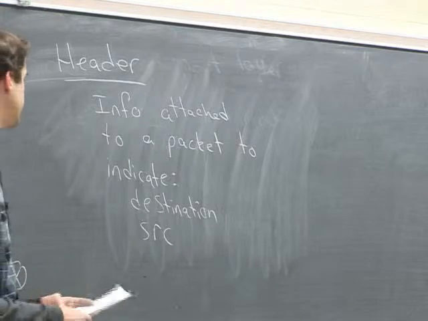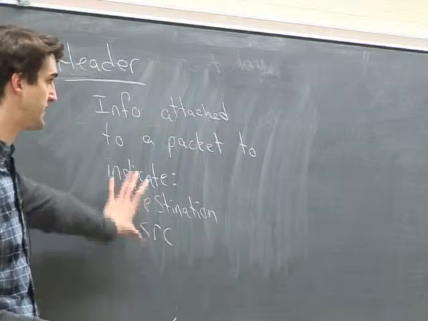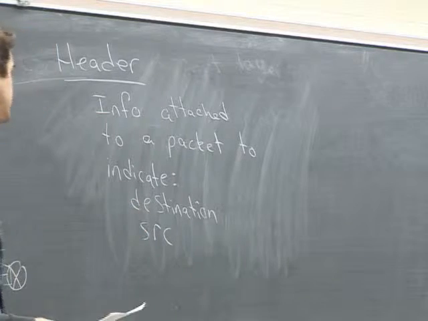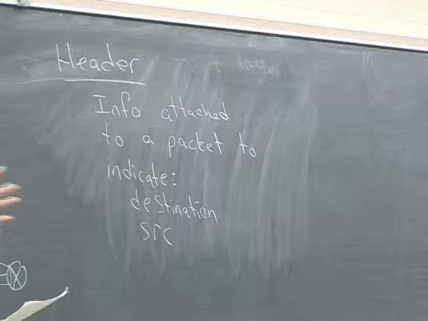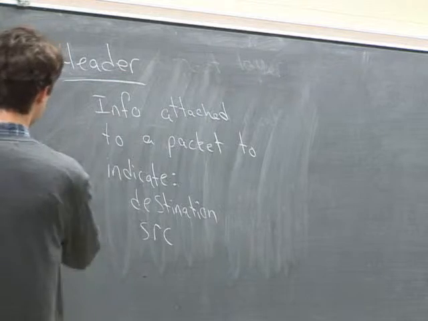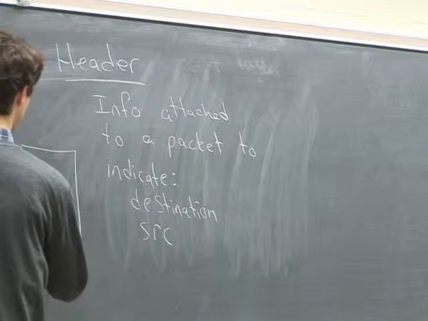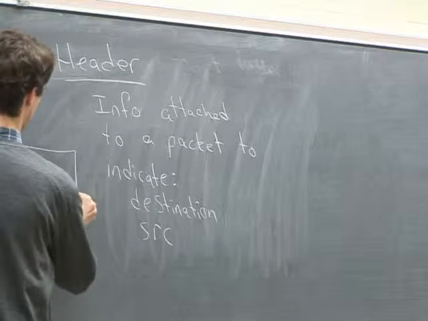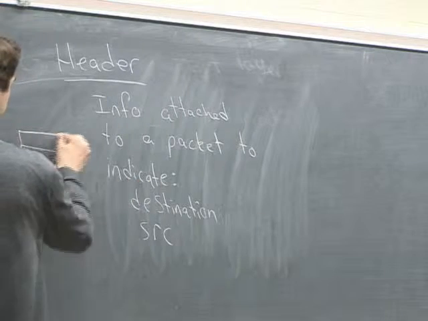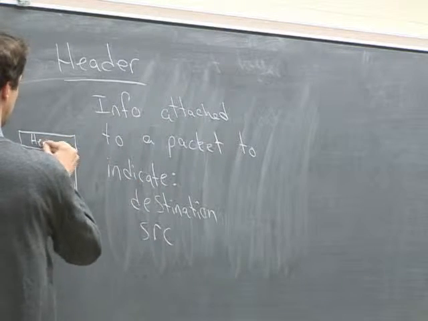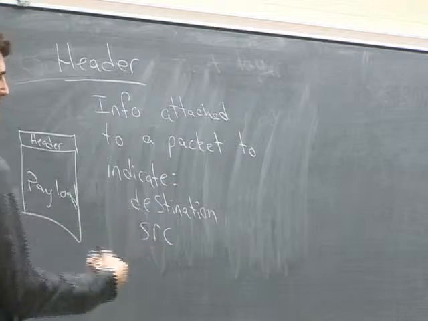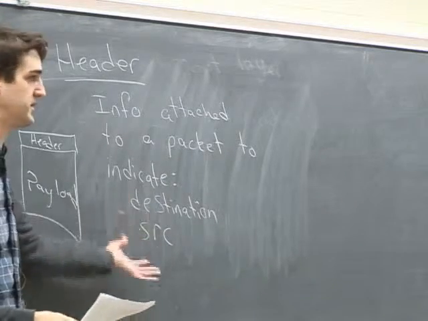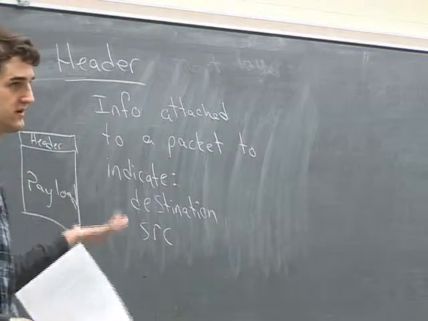It can include other things, and as we go on, you'll see that actually headers can include many, many things. The TCP header, for instance, contains state about your connection and so on. But just for now, know that if we have some sort of payload, this is our payload, then the header is just something we attach to the top of it to include things like destination information and the source of this packet, okay?